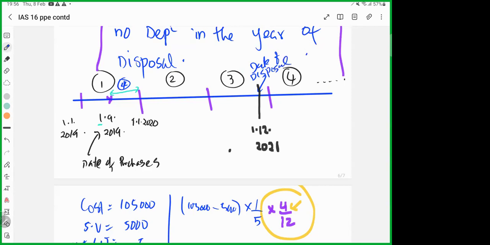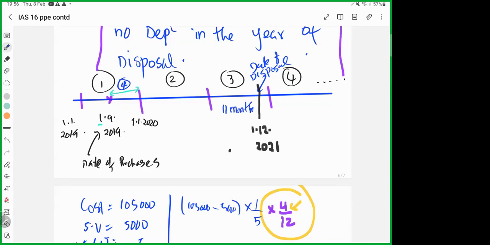So in year 3, I sold the asset when? On 1st of December 2021, correct? Okay. So after how many months? Very good. I was waiting for that. After how many months? 11 months.